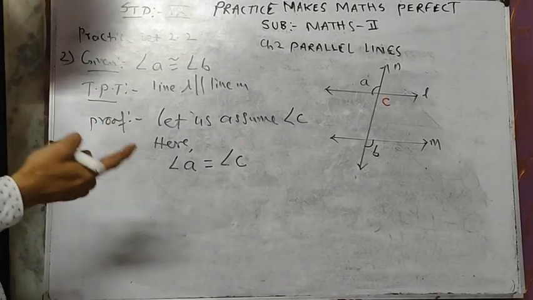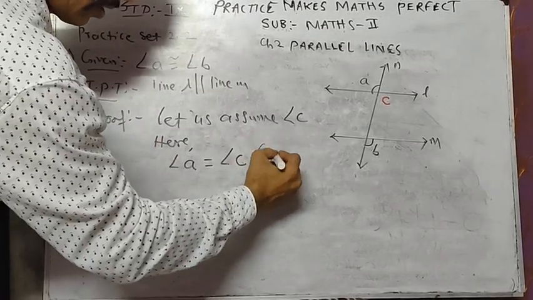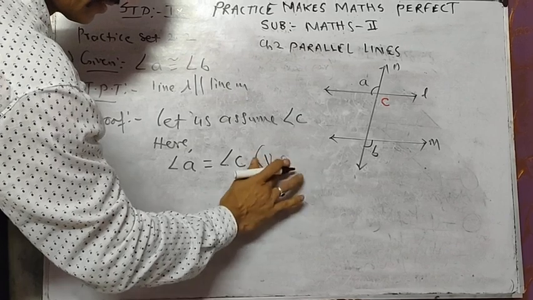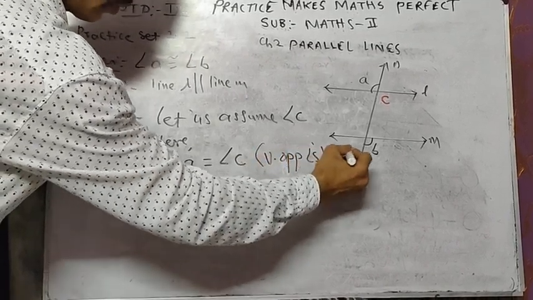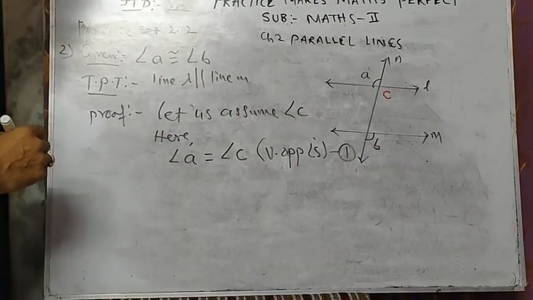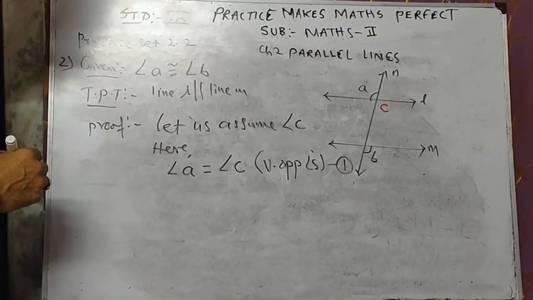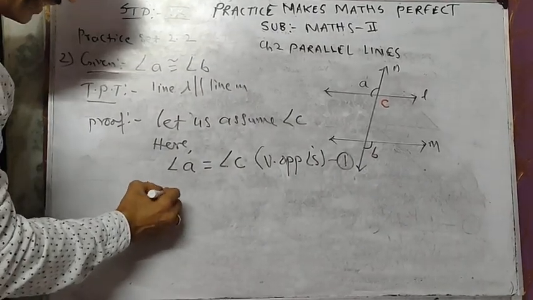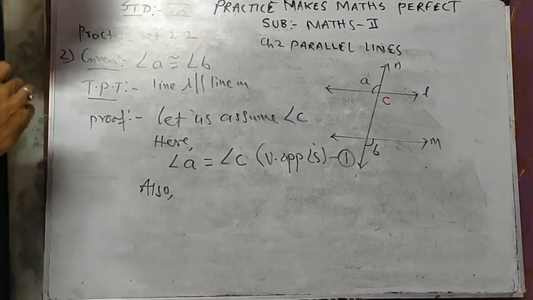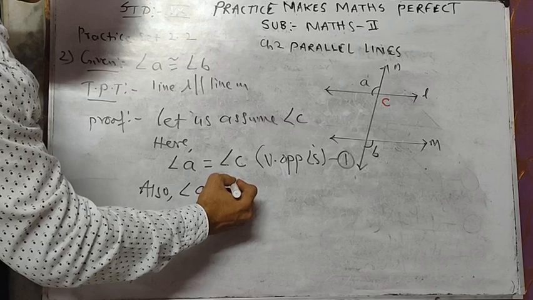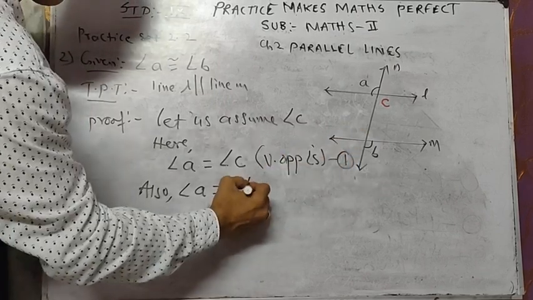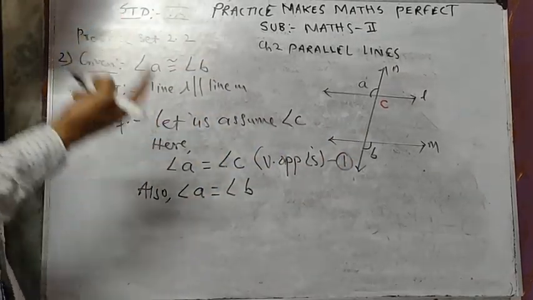Why are they equal? All of you know very well, they are vertically opposite angles. Statement one. Very easy sum. Also, we know that angle A is equal to angle B. Congruent means equal.